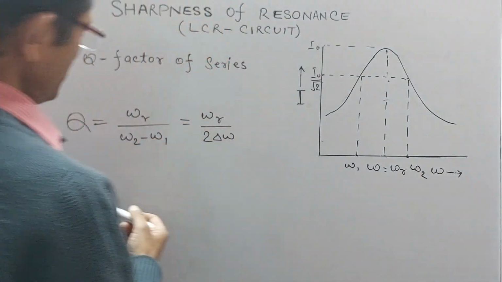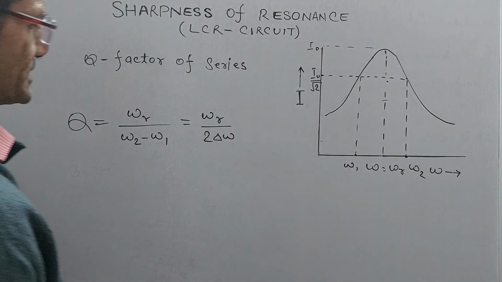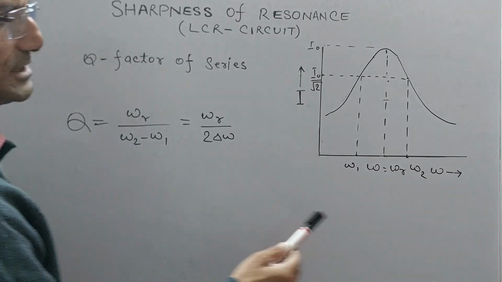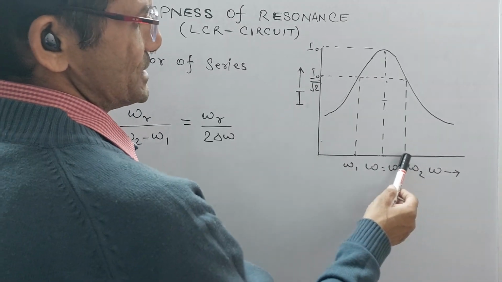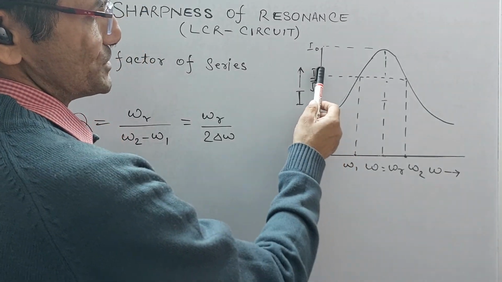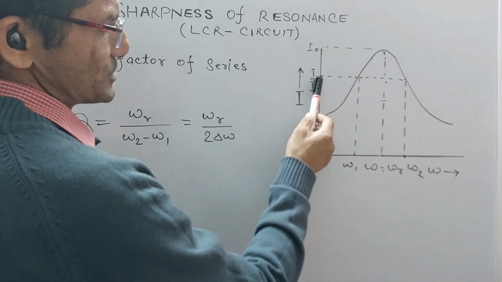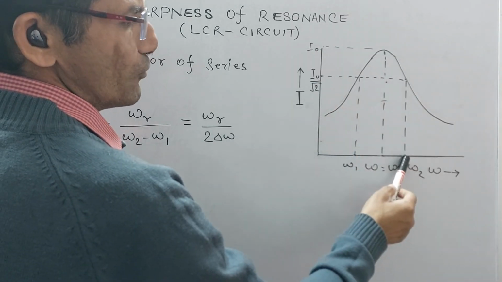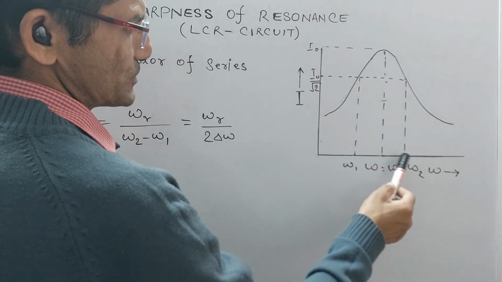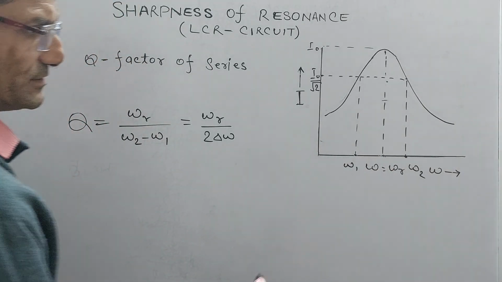So our definition of the Q factor of the LCR circuit is resonant frequency divided by the difference of the frequencies corresponding to the maximum current amplitude divided by root 2, it means omega 2 minus omega 1. This is also known as the bandwidth.